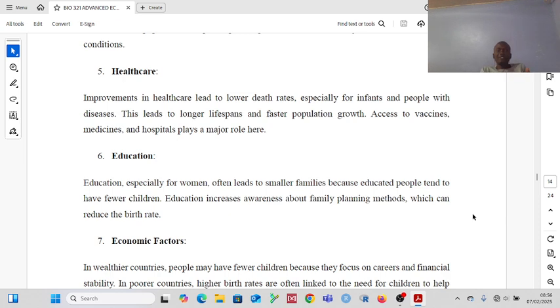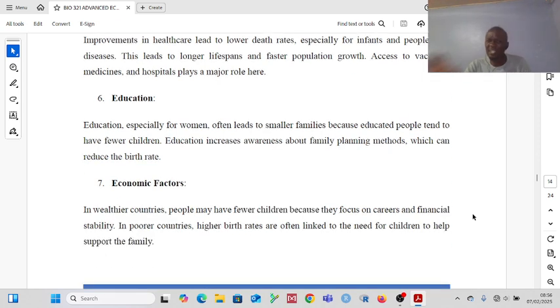Yes, you will want to have children, but not every year, because there could be policies at the place of work. Kwamba unaweza kupata tu watoto ama maternity leave ya hii in this format. So you cannot have it every year, as opposed to a woman who is not a professional. She can give birth every year if that pleases her. Then the next thing is the economic factors.